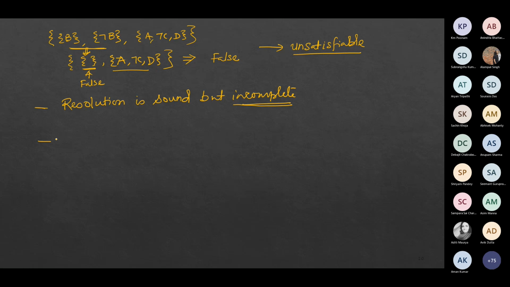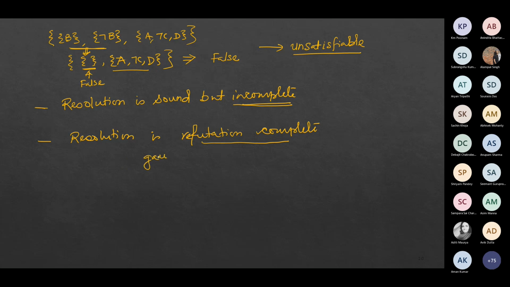But one can prove that resolution is refutation complete. So these are two different things. What do we mean by refutation complete? We are guaranteed to derive an empty clause if the knowledge base is unsatisfiable. So let me write it down.